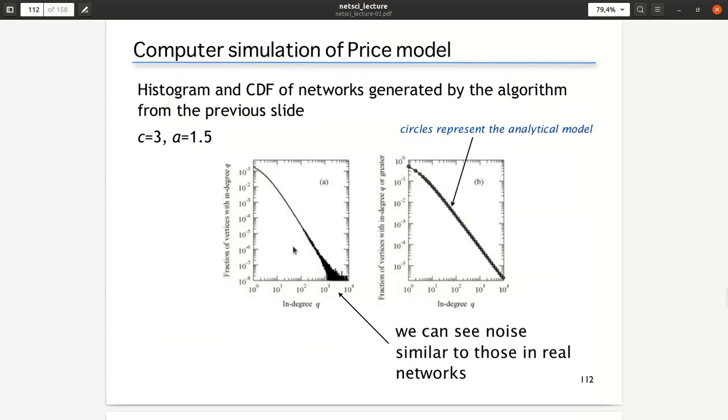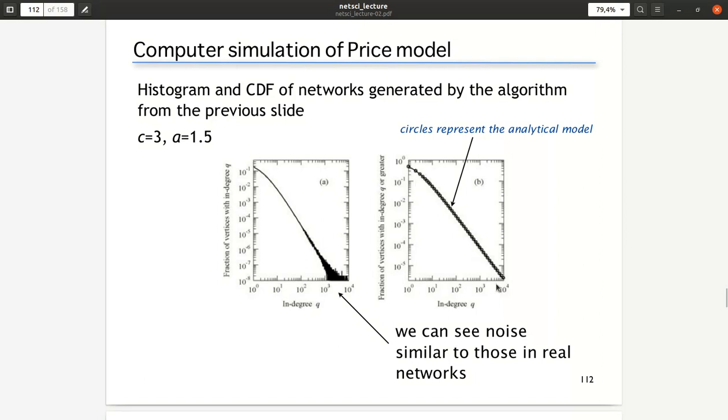Well, this last figure has a typo in the title, so if we do computer simulations in this vertex copying model, and not the Price model, sorry for that, then we get such degree distribution functions which look very, very similar to those which we can obtain with real world networks.